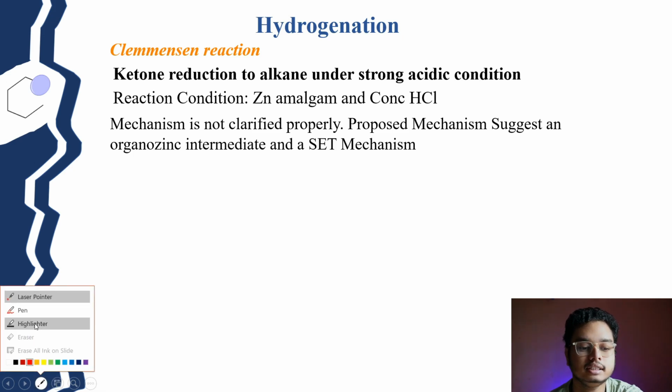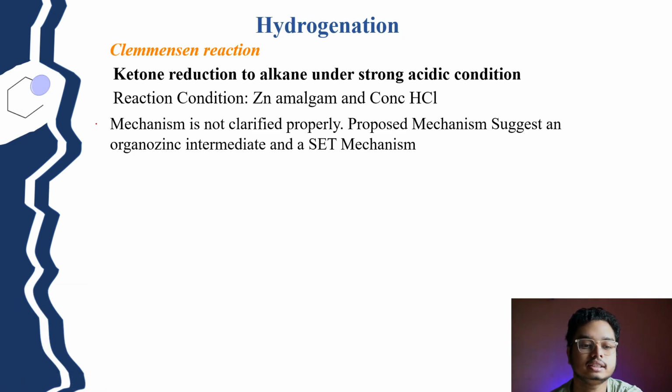The interesting thing about this reaction is that the mechanism is not clarified properly till now. But one mechanism has been proposed, and it suggests an organozinc intermediate via a SET mechanism. SET is the single electron transfer mechanism.